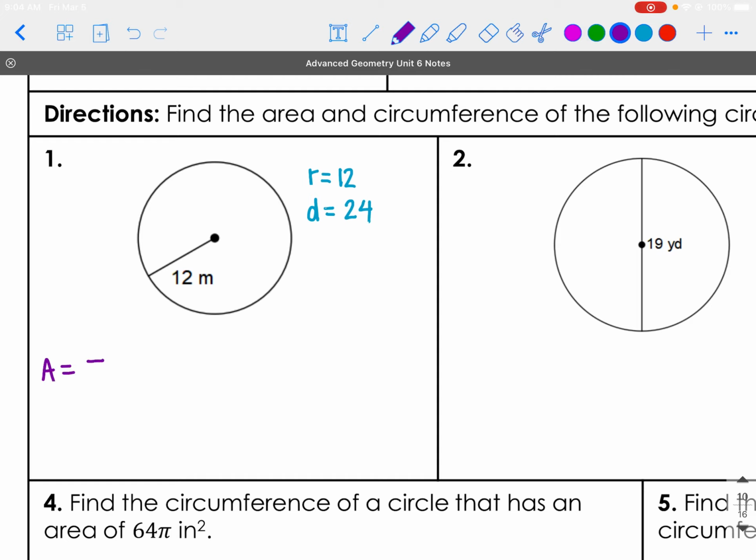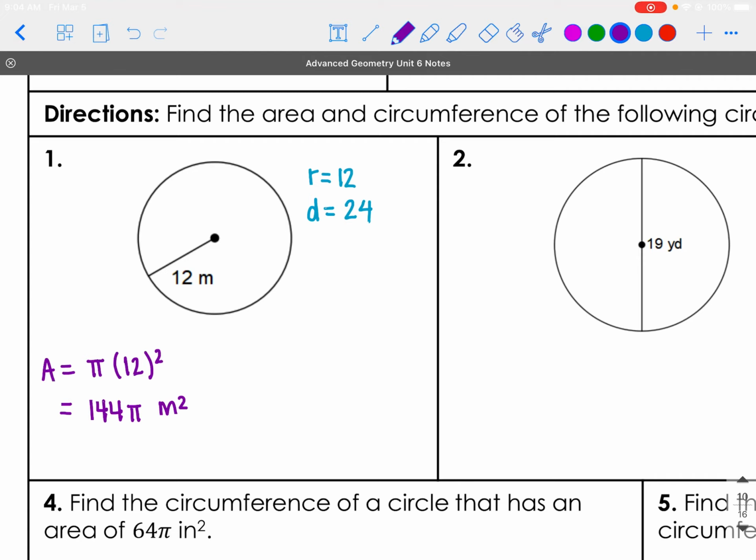So area is pi r squared. Now sometimes you will see pi left in your answer. So that might look like this, 144 pi meters squared. You may also be asked to round to the nearest tenth.